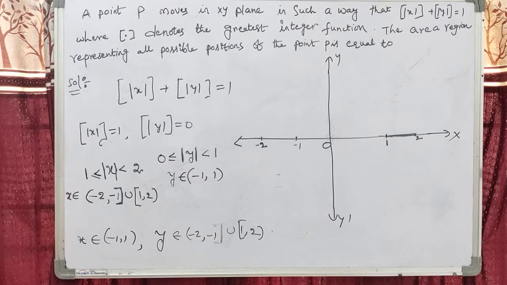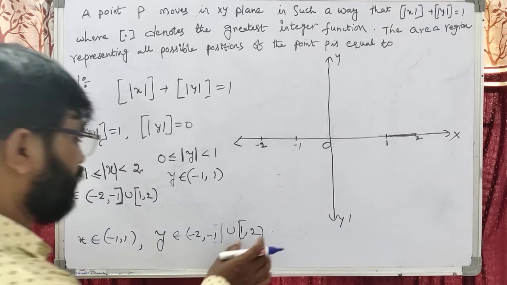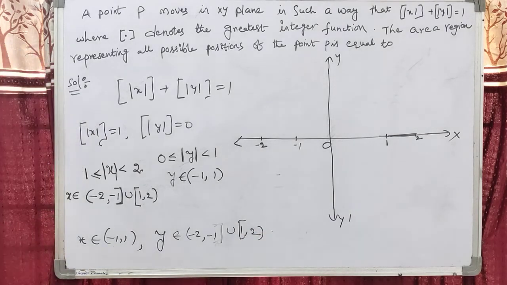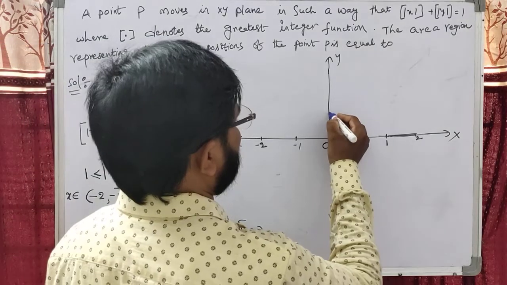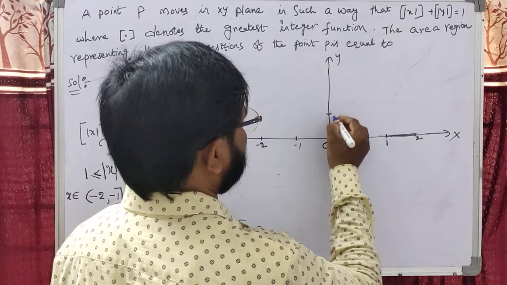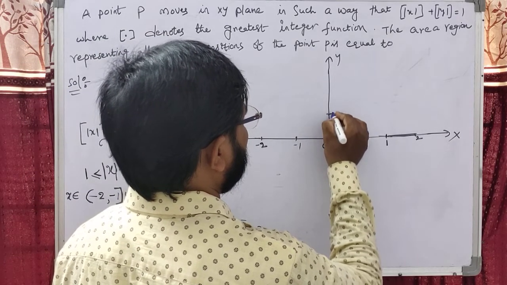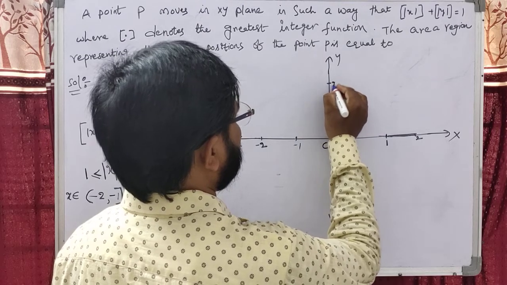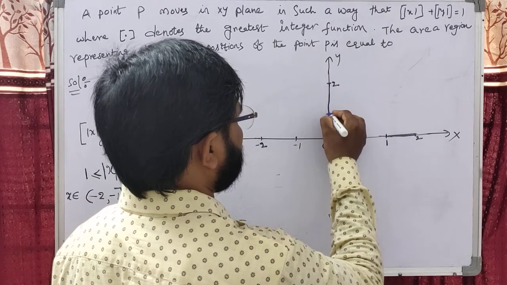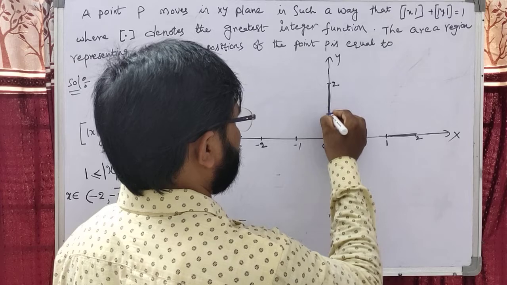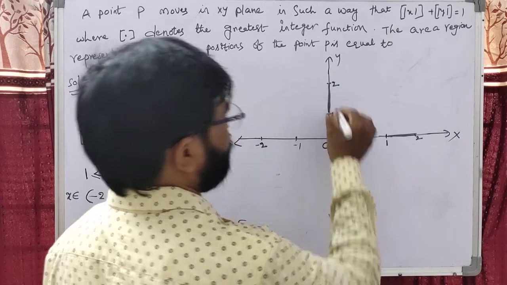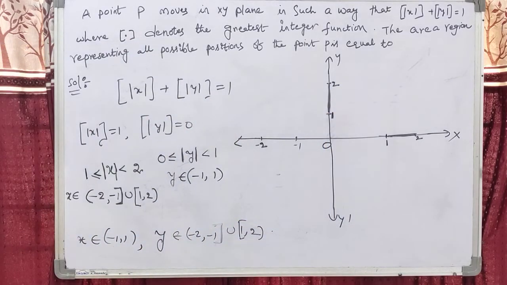So the next, we can take here minus 1 to 1. When we are taking y as 1 to 2, here we can observe y is 1, this is 2. Undoubtedly this part must be 0.